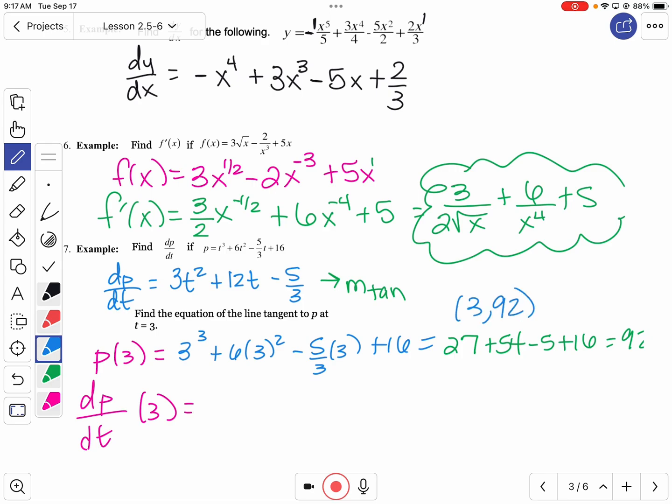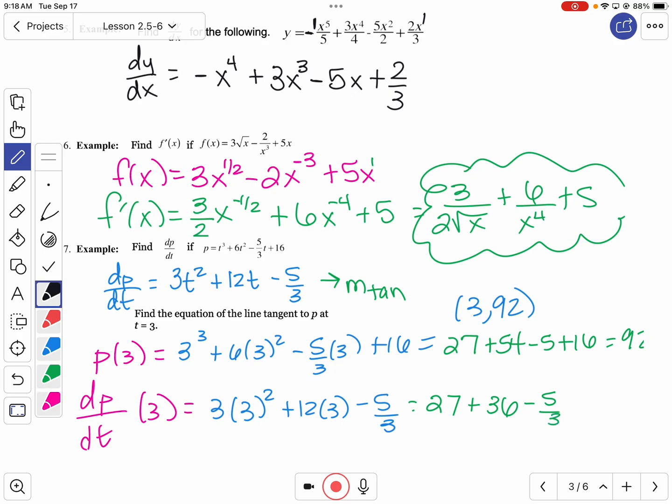Okay. The next thing I need is my slope. So we're going to plug that into that derivative we just found. So 3 times 3 squared plus 12 times 3 minus 5/3. This one's going to take a little bit more work without a calculator because there's going to be a fraction. All right. It's not the end of the world. 9 times 3 would give me 27 plus 36 minus 5/3.